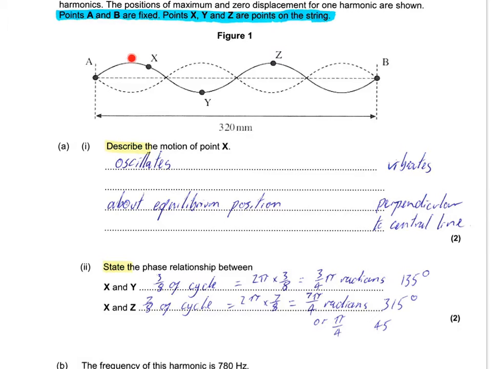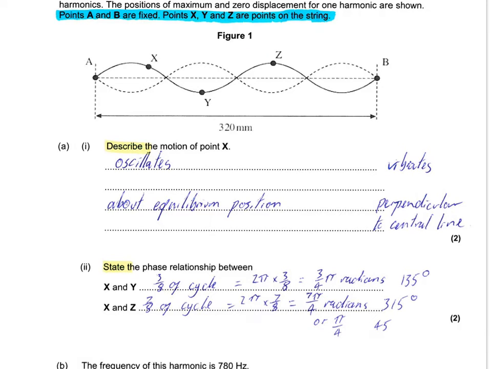X and Z are very nearly a whole cycle apart, but they're actually 1/8 of a cycle off that. They're 7/8 of a cycle apart. So again, 2 pi radians for a whole cycle, so we need to take the 7/8, multiply that by 2 pi, and I get 7 pi by 4 radians.